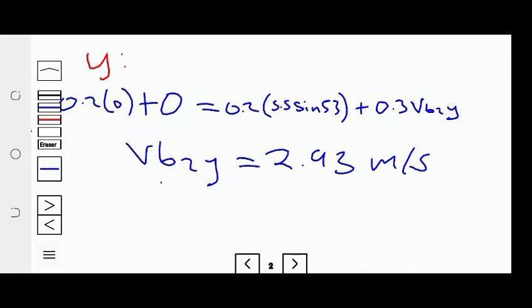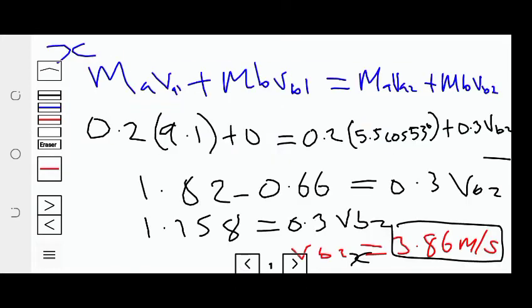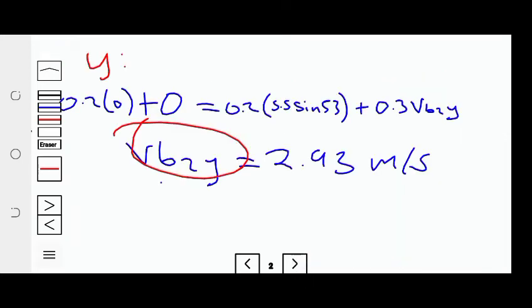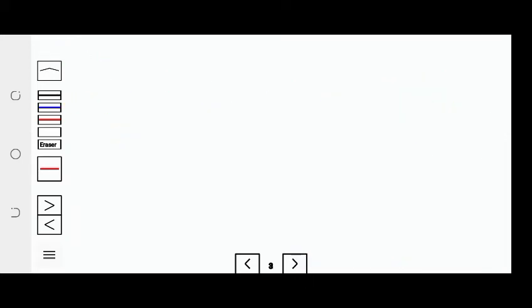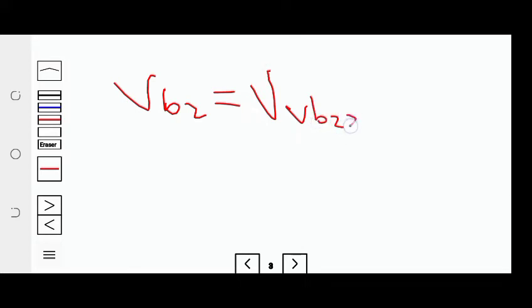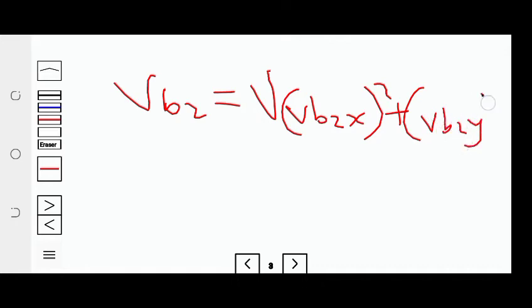Now all we have to do is get this one and this one and make a complete vector. So our VB2 is going to be the square root of VB2x squared plus VB2y squared.